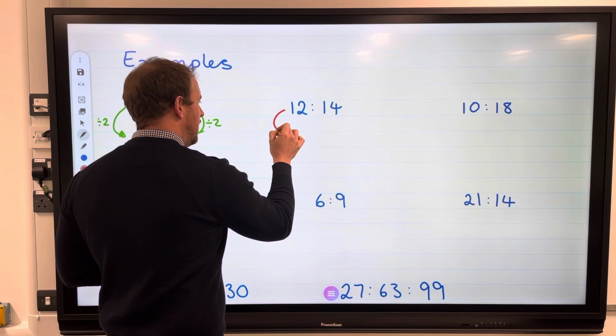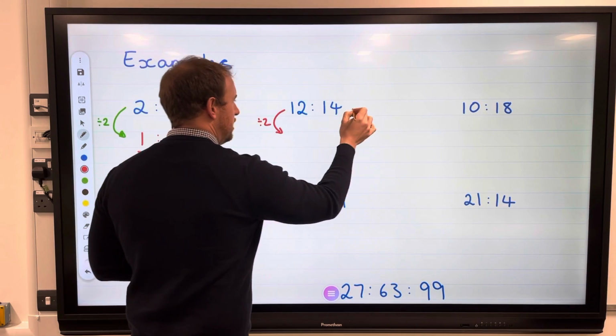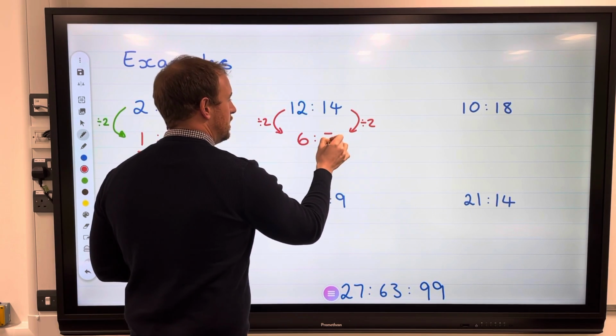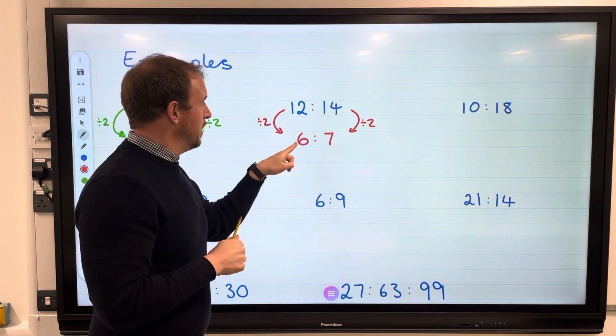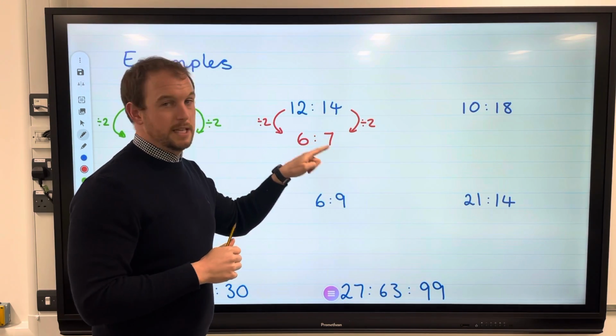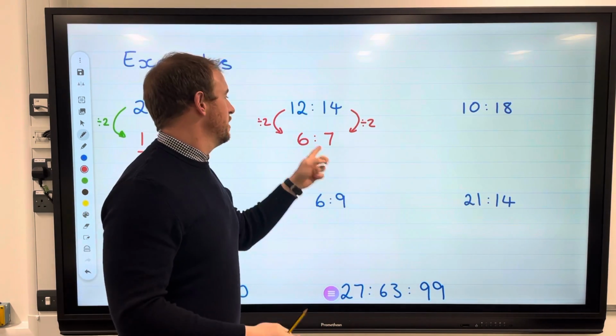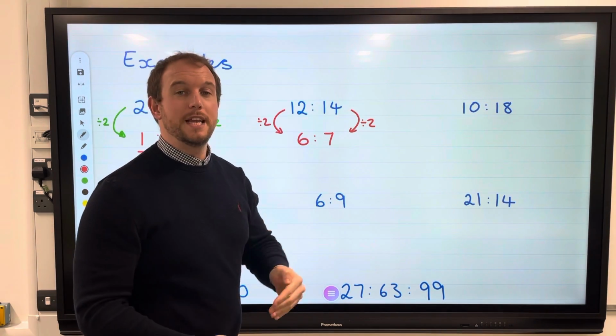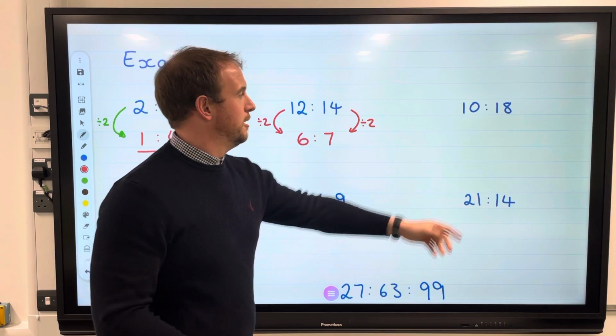So I'm going to divide both numbers by 2 to make 6 to 7. There's no other number that goes into 6 and 7 apart from 1 to help me simplify. That is simplified as far as it can go, in simplest form.